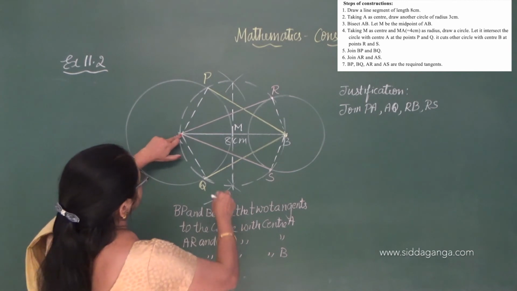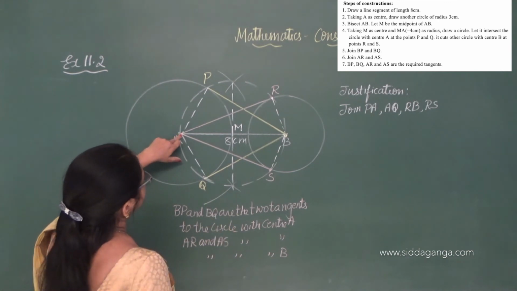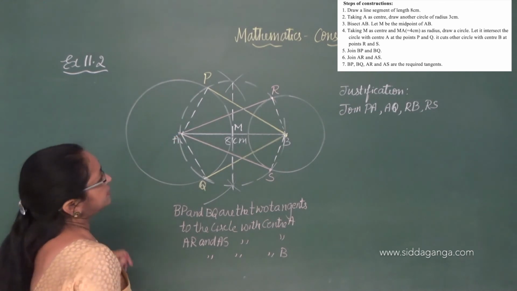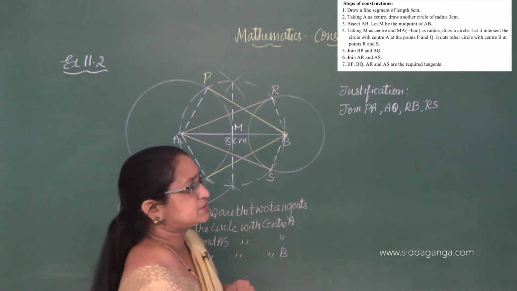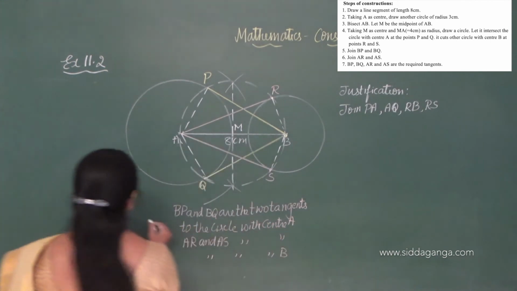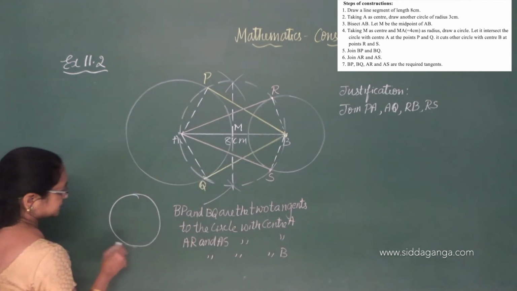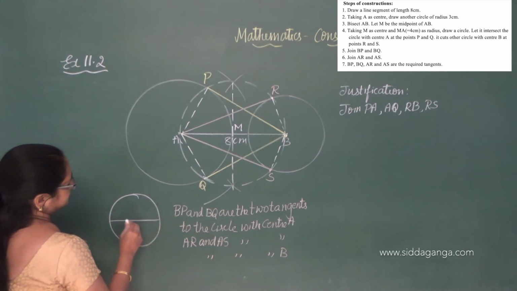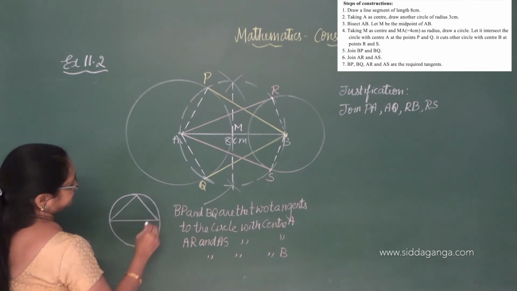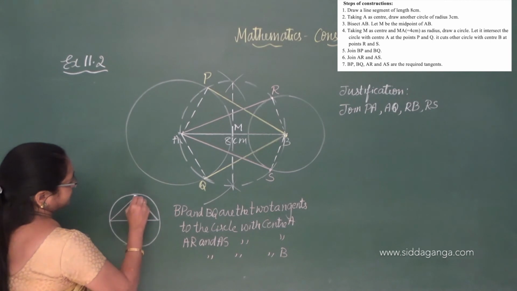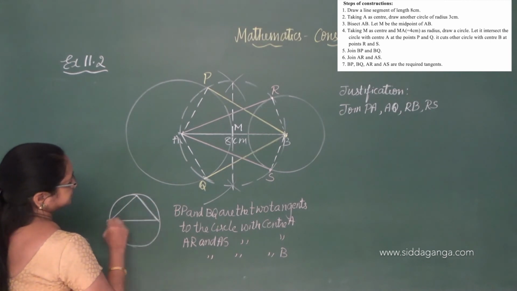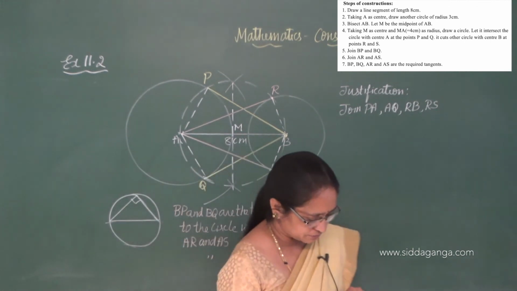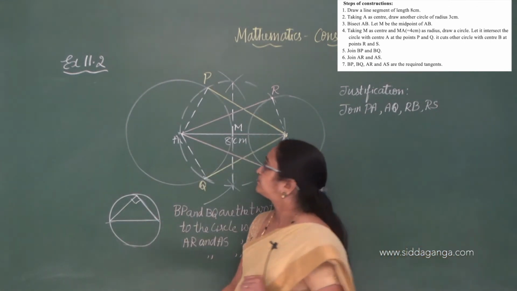Here, in the triangle, again you can see the semicircle, the same concept which I told you in the previous class. This is the diameter. If a triangle is formed in the semicircle, then it is 90 degrees. The same way here also, angle APB.